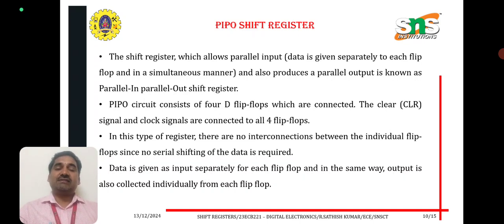The PIPO circuit consists of 4 flip-flops. The clear signal and the clock signal are connected to all the 4 flip-flops. There is no interconnection between individual flip-flops. No serial shifting of the data is required. Data is given separately to each flip-flop, and the output is also collected individually from each flip-flop. That is nothing but the parallel in, parallel out shift register.